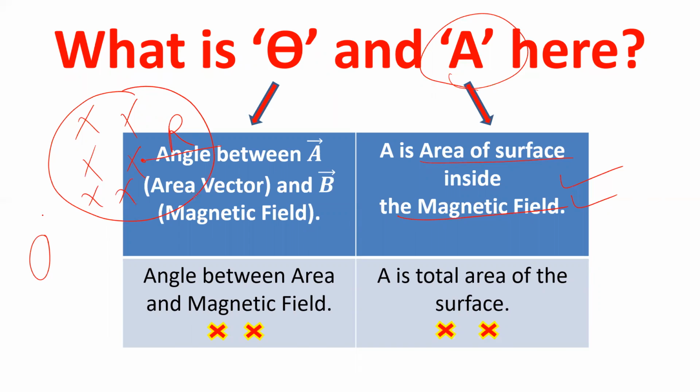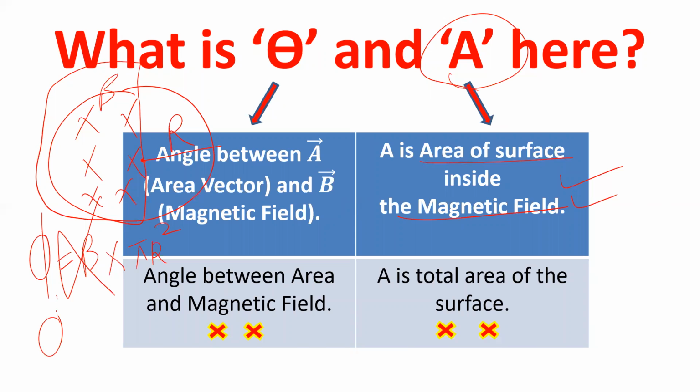When we calculate its flux, suppose the magnetic field is constant and its value is B. Will we write B into pi r square? No, we will not write this, because A is not complete here. A basically means area inside the magnetic field. So that would be that half circle. So we would write B times pi r square by 2.